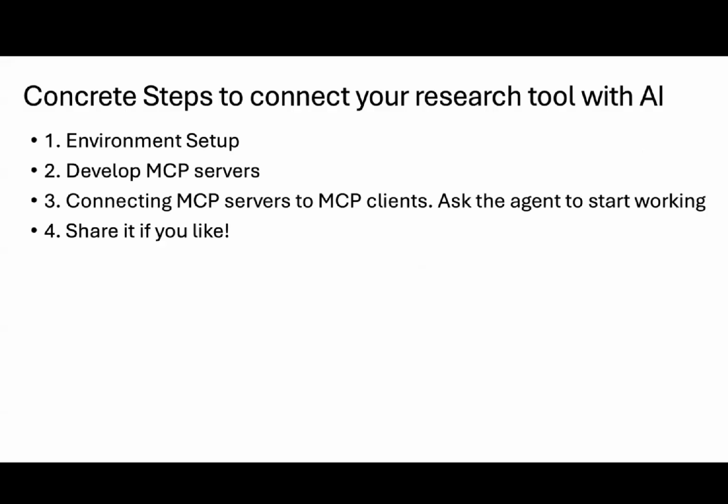Then you start writing your code based on what you already have in your research. Say you have some code operating your experiments, you just wrap that in a simple way to develop MCP servers. If you have some computational function, you can just wrap that. After that, you connect it to the MCP clients, and then you can contribute to the open source repo if you like. So that's the 4 steps.